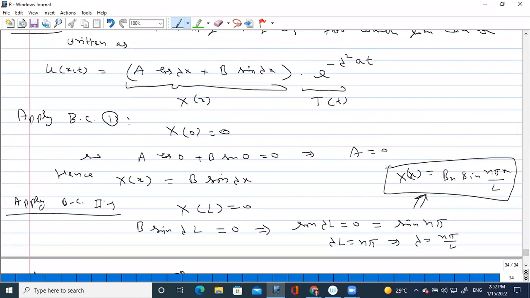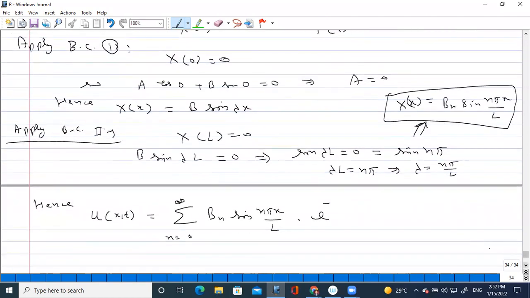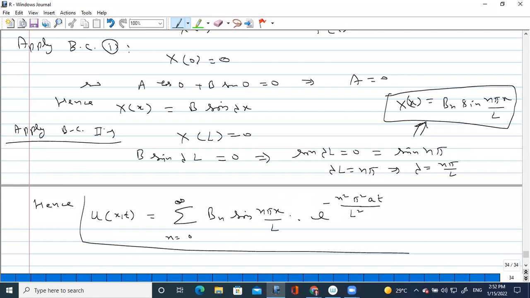This was lambda square, so lambda square means n square pi square by L square. So it will become minus n square pi square by L square into a t is also there. Okay, so this will become the final equation if these are the two boundary conditions given.